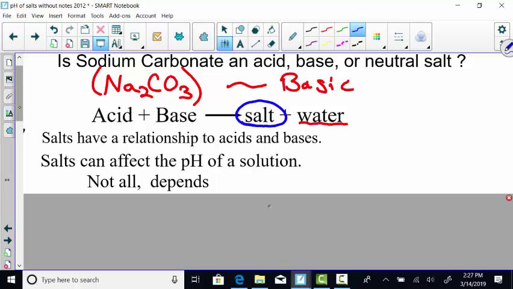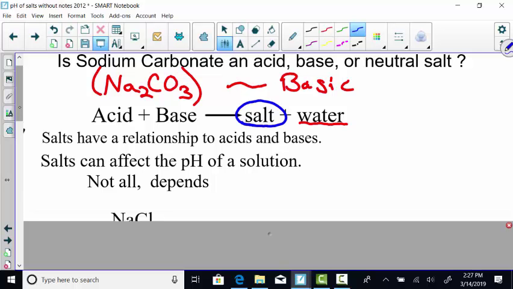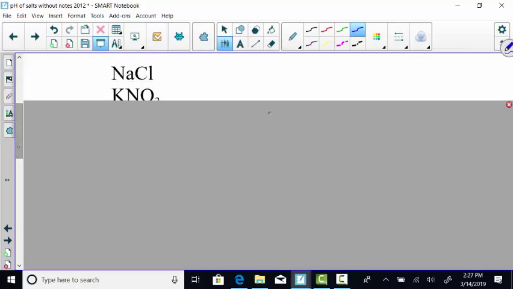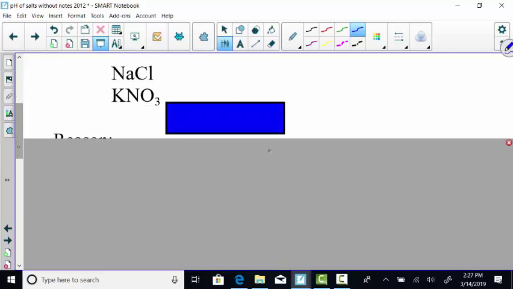So there's lots of things that this is going to depend on, and we have lots of little rules for if this happens, then you'll have an acid. If this happens, then you'll have a base. So there's always lots of little rules. Okay, so we're going to start with something like NaCl and KNO3, and we're going to look at whether these affect the acidity of a solution.